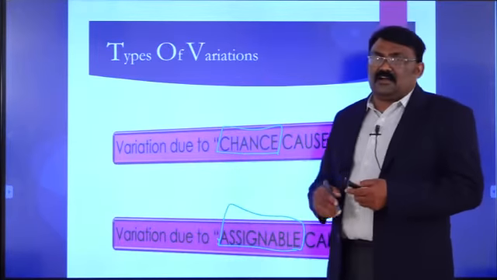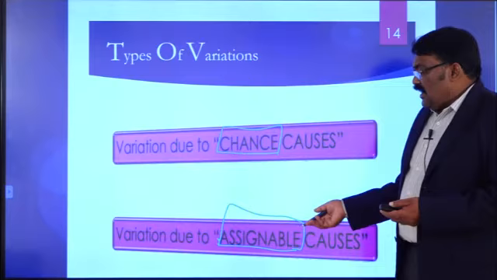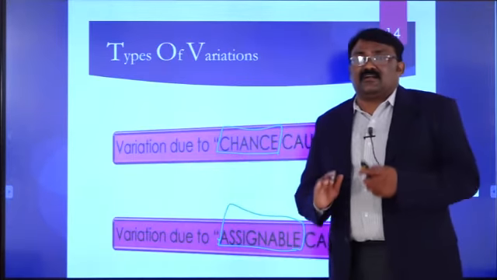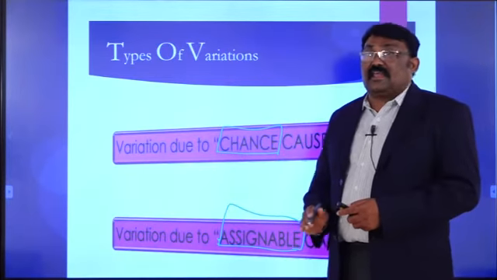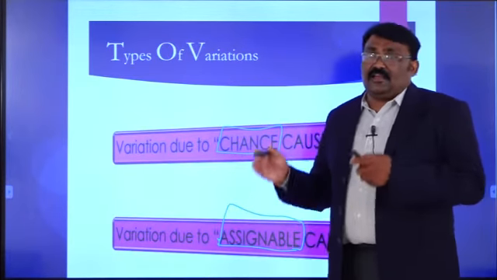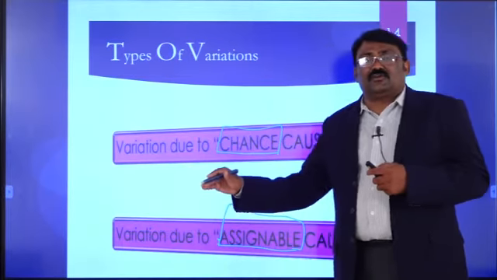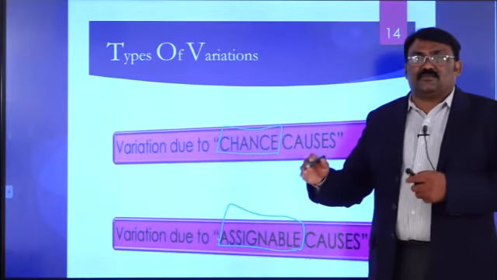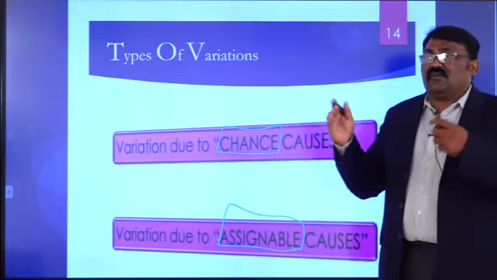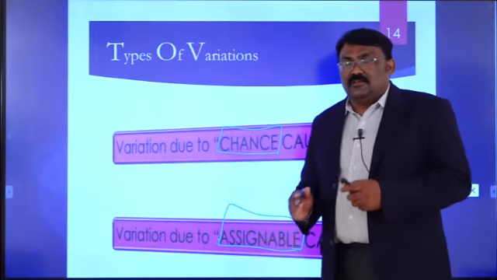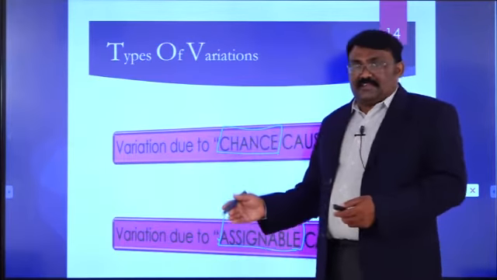That comes under chance causes, whereas assignable causes can be modified and corrected, where the whole system runs the way we expect.